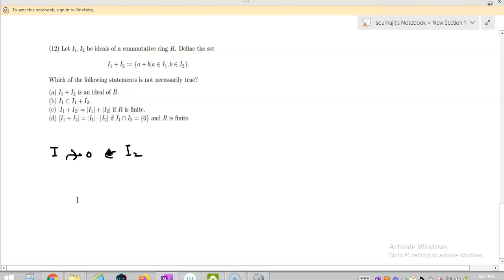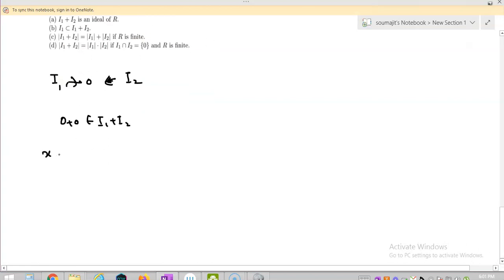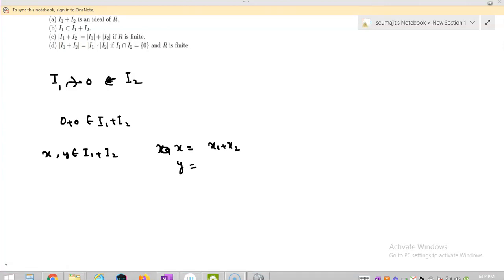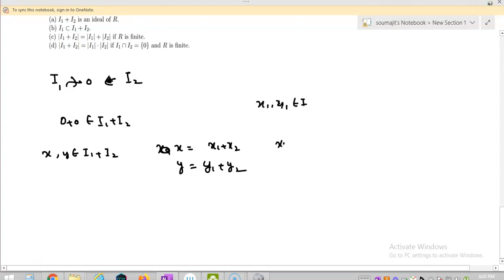So 0 plus 0 belongs to I1 plus I2, therefore I1 plus I2 is non-empty. Now let us take two points from I1 plus I2. Let x, y belong to I1 plus I2. Then x is equal to x1 plus x2, and y is of the form y1 plus y2, where x1, y1 belong to I1 and x2, y2 belong to I2.